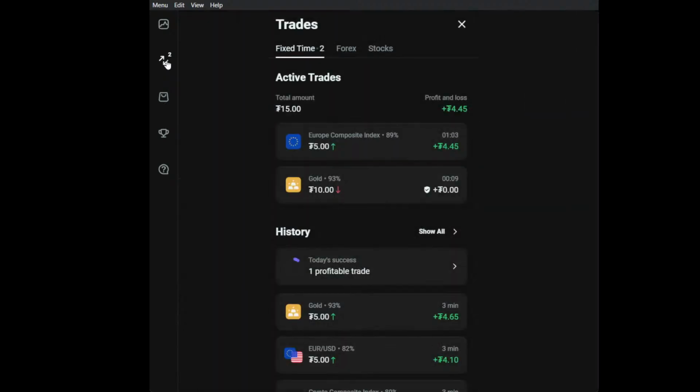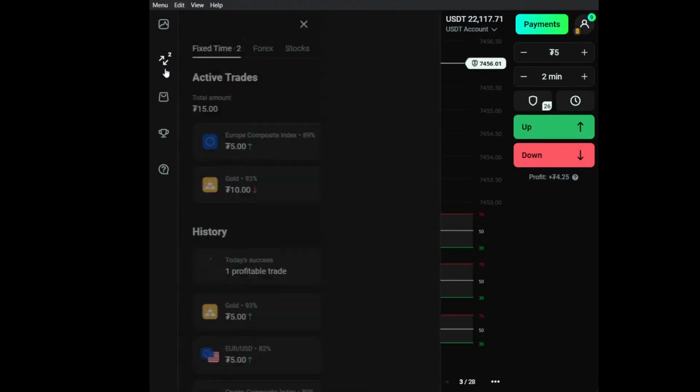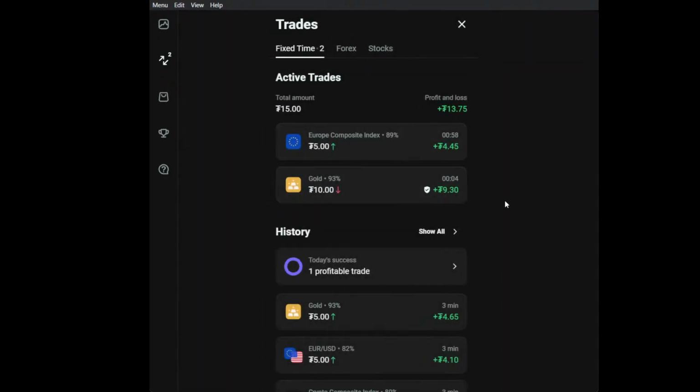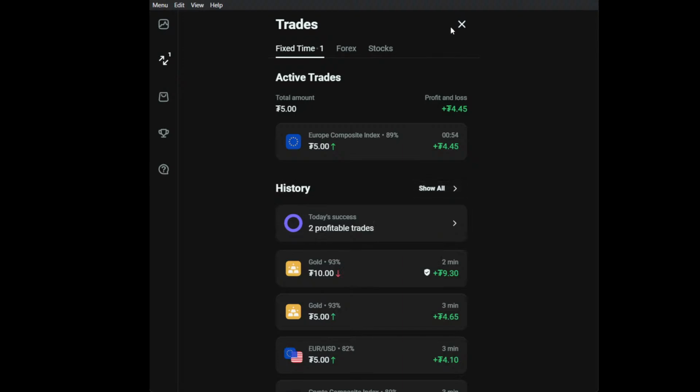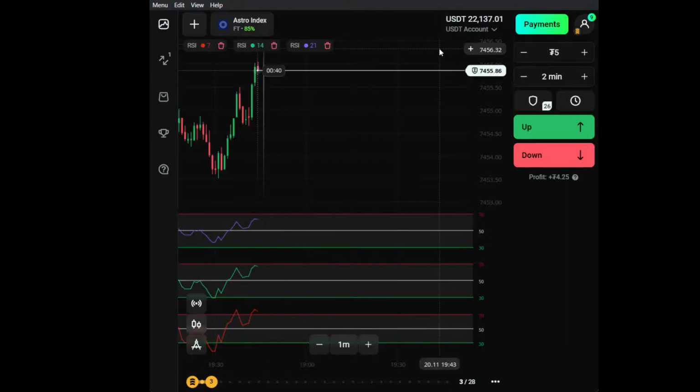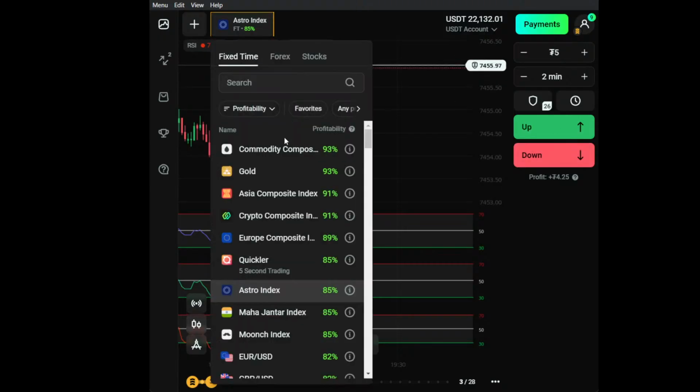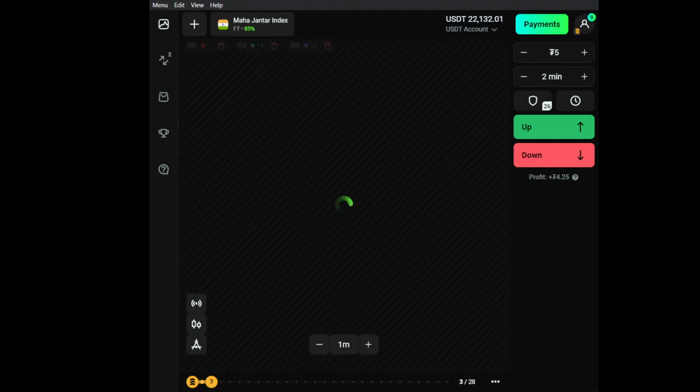In the meantime, let's check our trades. Right now both our trades are positive, and the $10 trade ends in 5 seconds. 2, 1. Okay, that ended in profit. Again, the $5 trade is also almost in profit. Okay, so here we see a downtrend coming up. We will make a down trade. All right.